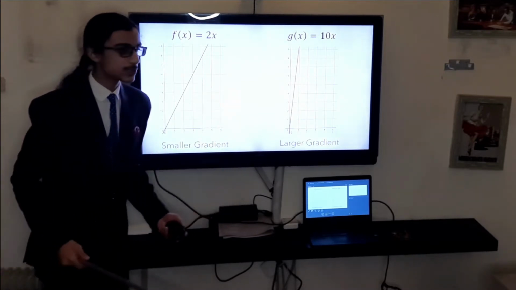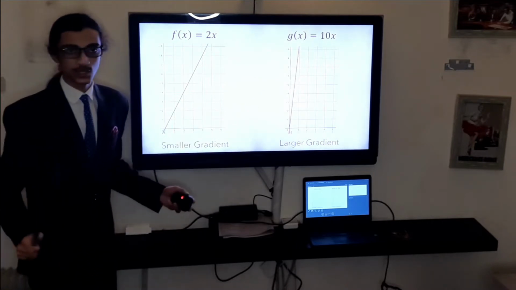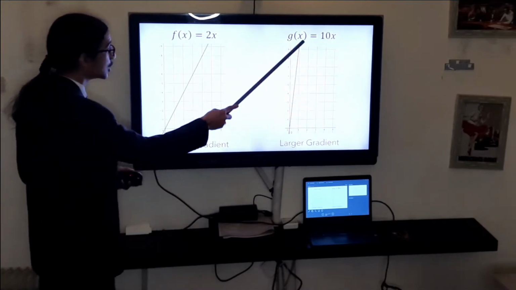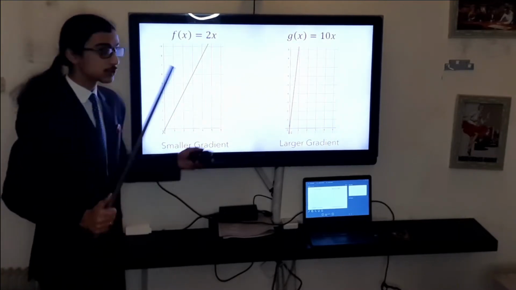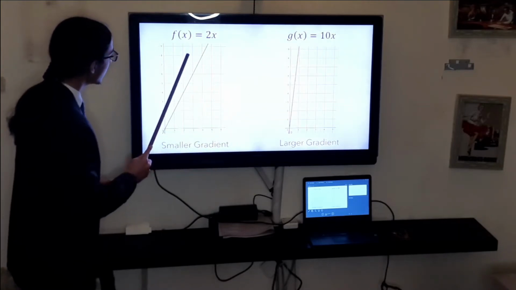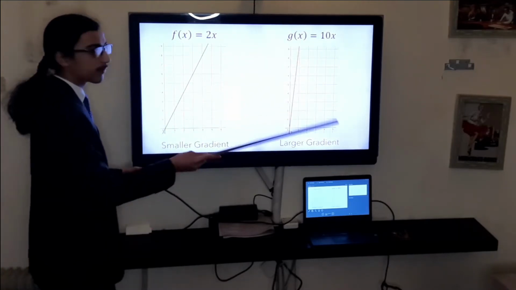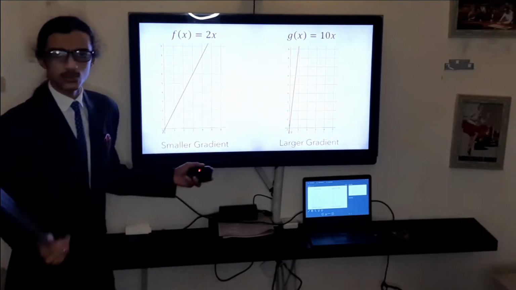Functions can change, right? So from this point on, I won't say rate of growth, I'll say rate of change. And I can see that this function g of x is changing faster than this function f of x. It's growing faster, changing faster, same thing. It has a higher rate of change than f of x, right? And once again, graphically speaking, it's because its gradient is larger, and we also looked at some values to corroborate this.